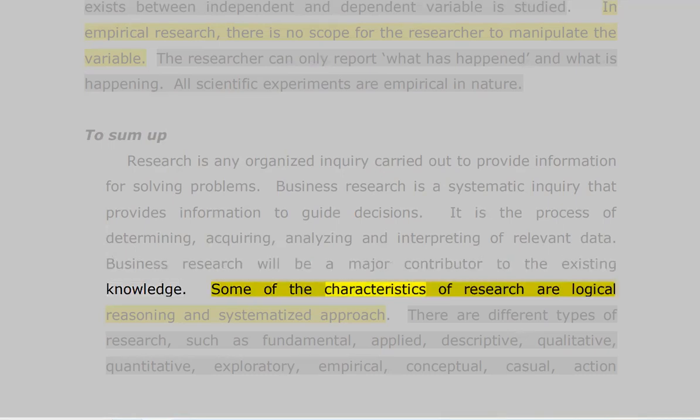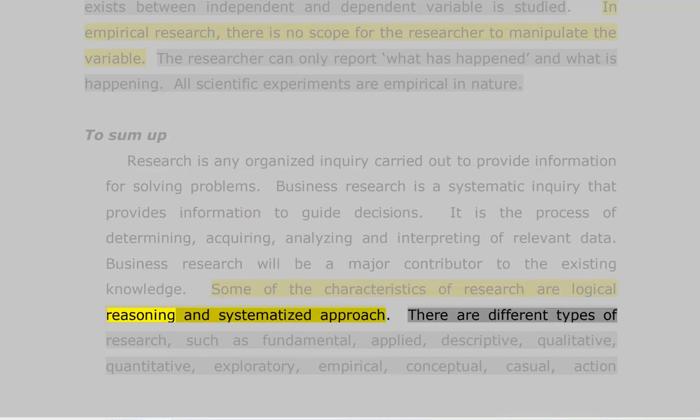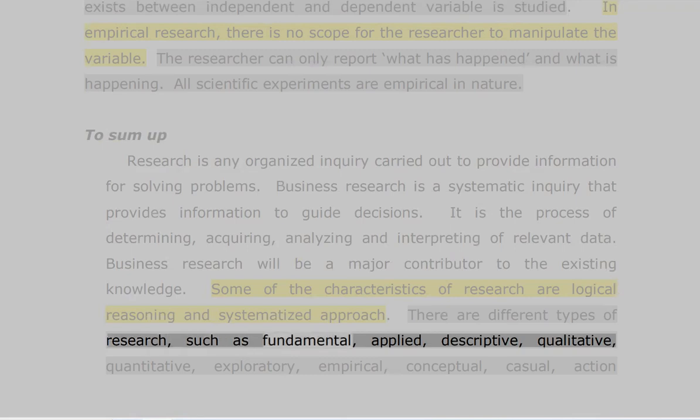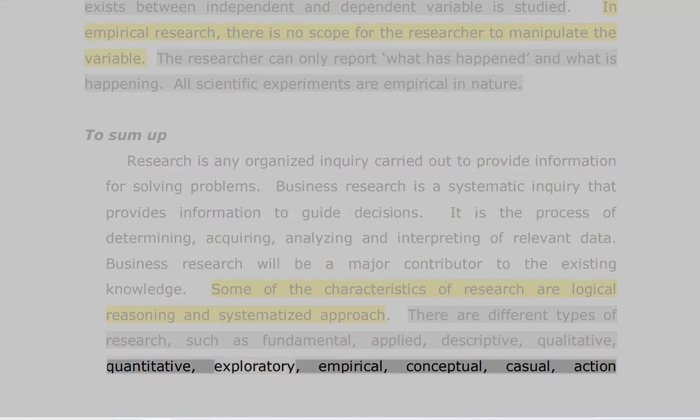Some of the characteristics of research are logical reasoning and a systematized approach. There are different types of research, such as fundamental, applied, descriptive, qualitative, quantitative, exploratory, empirical, conceptual, causal, action research, etc. Among these, the researcher could adopt a suitable type of research to lead the research study.